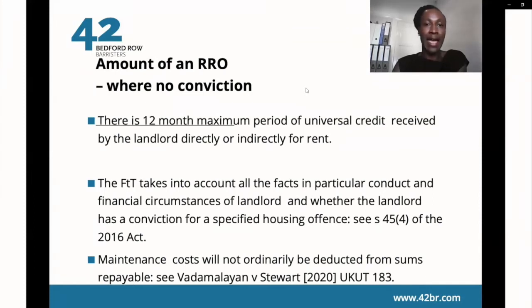The tribunal there confirmed that it was Parliament's intention that the landlord should be liable to pay both the financial penalty and the rent repayment order in respect of these licensing offences and otherwise. And so there is a clear emphasis on the punitive element of the tribunal's decision making in deciding the rent repayment order award.